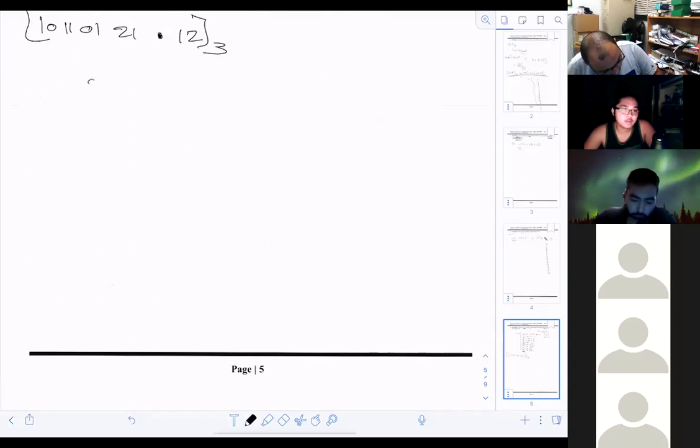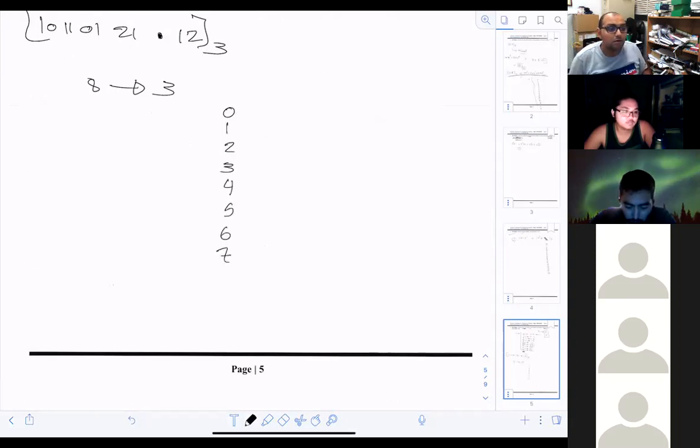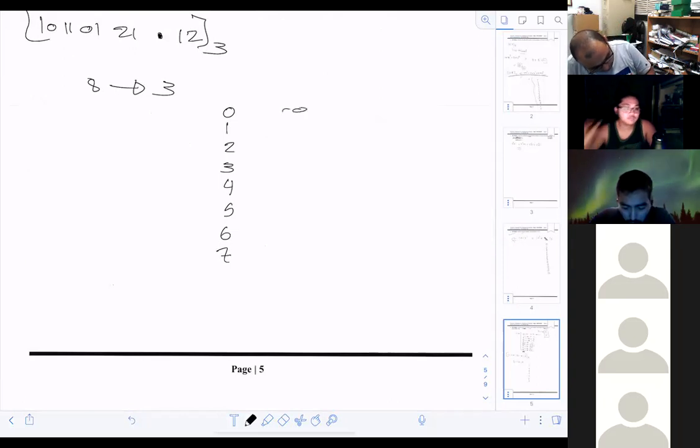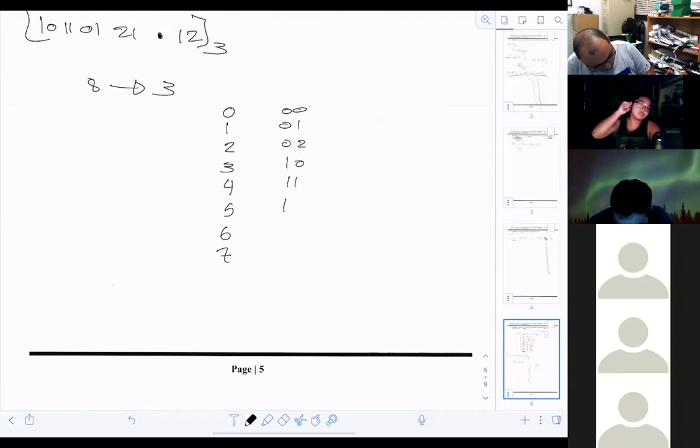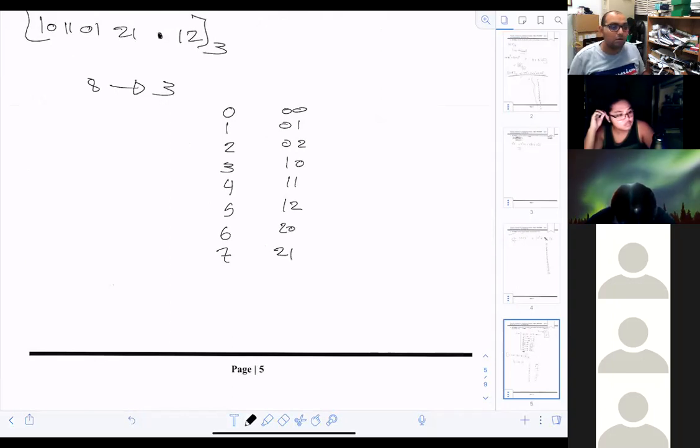No problem. 8 is basically 0, 1, 2, 3, 4, 5, 6, 7, right? So now it's going to be 0, 0, 0, 1, 0, 2, then 1, 0, 1, 1, 1, 2, 2, 0, 2, 1. Oh, okay.